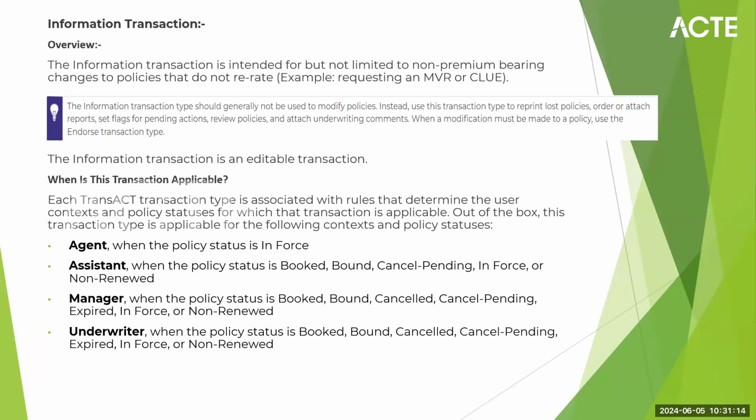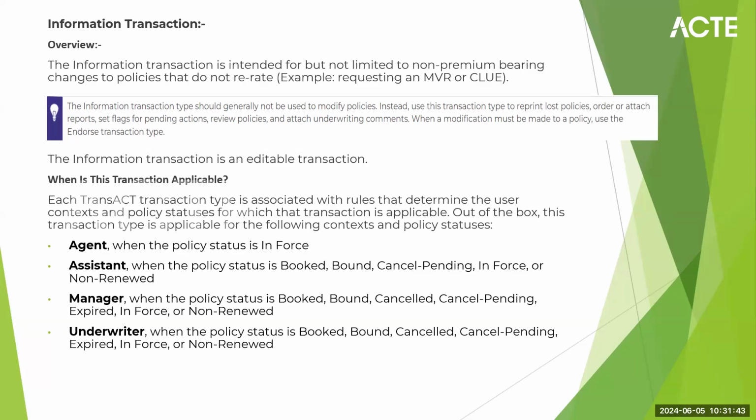The information transaction is intended for, but not limited to, non-premium bearing changes to policies. Thus it does not reread. Example, requesting an MVR or CLUE. Nothing but this information transaction is not for premium-bearing changes. Okay, that means except for premium related fields, this transaction is not applicable.